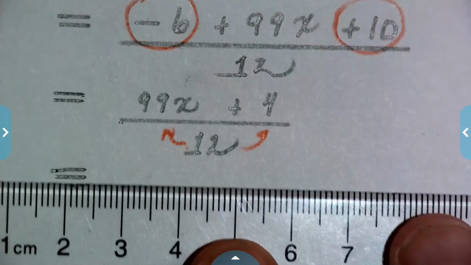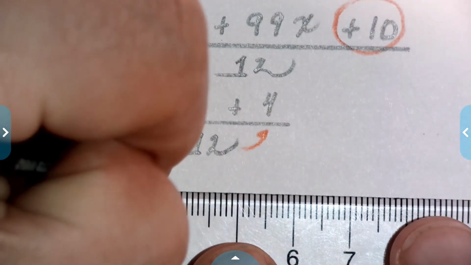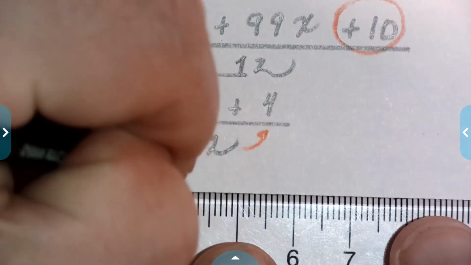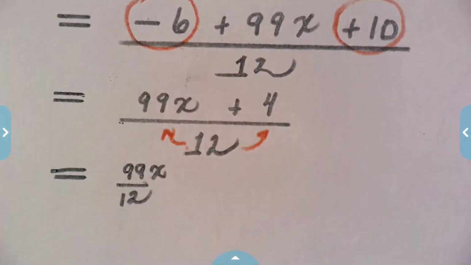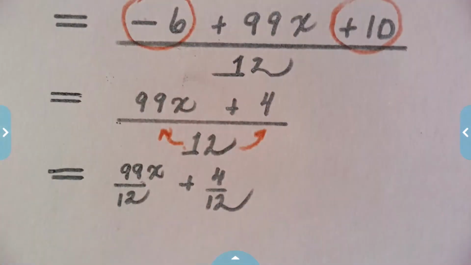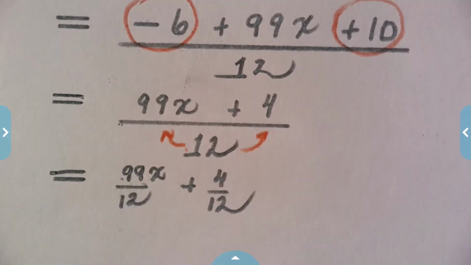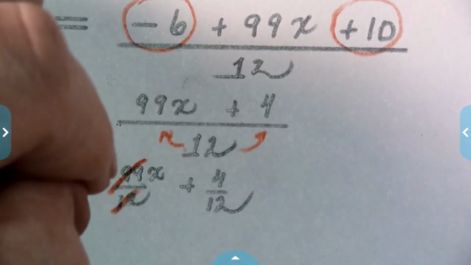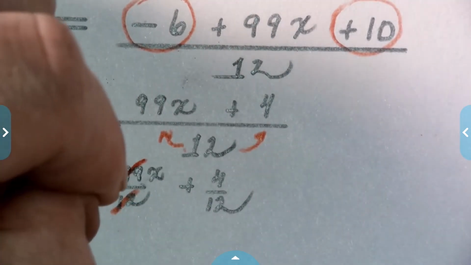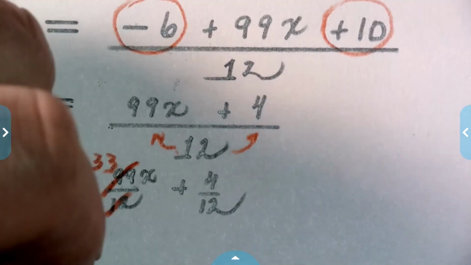So I got 99x, okay, like 99/12 x plus 4 over 12. And maybe I can reduce those fractions. I can divide this top and the bottom by 3. And that'll give me 33 over 4.